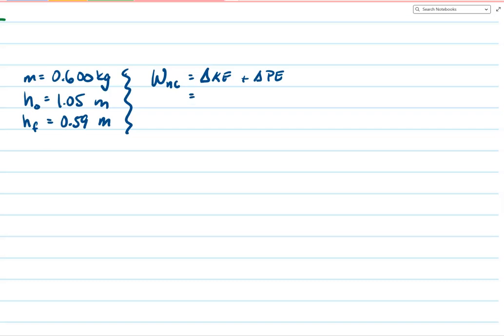Now, what's interesting here is that the kinetic energies are both going to be zero, and I'll try to explain why. If the basketball is here at this position and then we drop it and it bounces back to this position, the event that we're trying to describe is the event from the starting point, when it was at its highest point, to its next highest point after the bounce. This is our initial position, this is our final position.